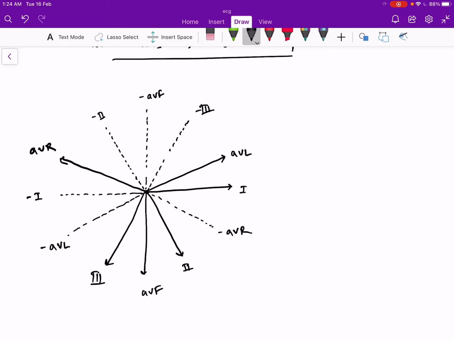This is our 0 degree, minus 30, minus 60, minus 90, minus 120, minus 150, and minus 180. And this is our plus 30, plus 60, plus 90, plus 120, plus 150, and this is our plus minus 180.